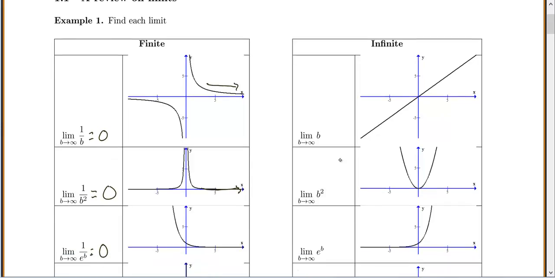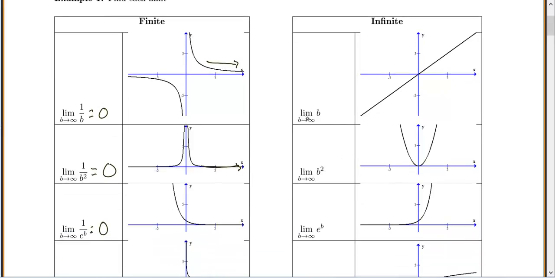Okay, now on the other hand, let's look at these. If I just take the limit as b goes towards infinity of b, as b goes towards infinity, we're going to go towards infinity as well. Or if we do b squared, we're just going to get bigger numbers even quicker, and we're going to get to infinity even quicker.